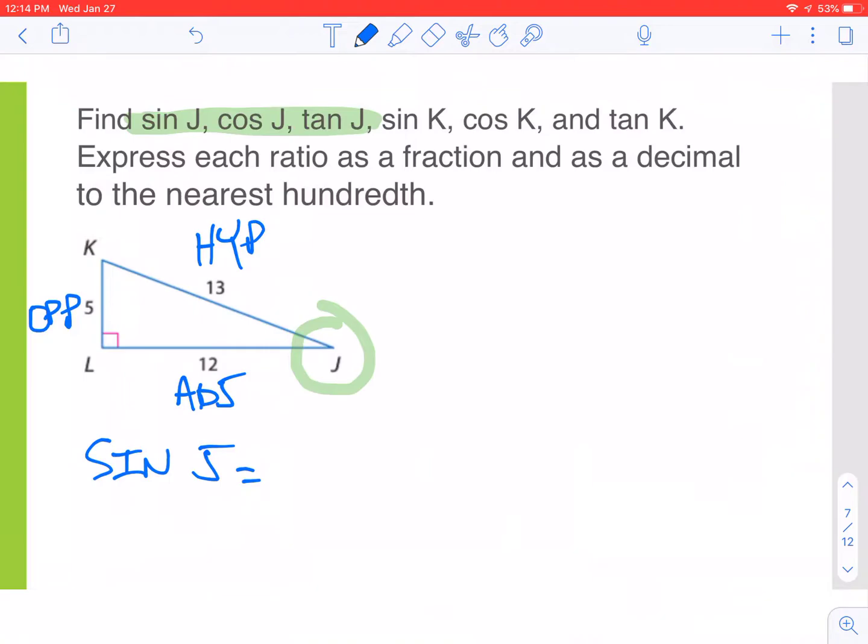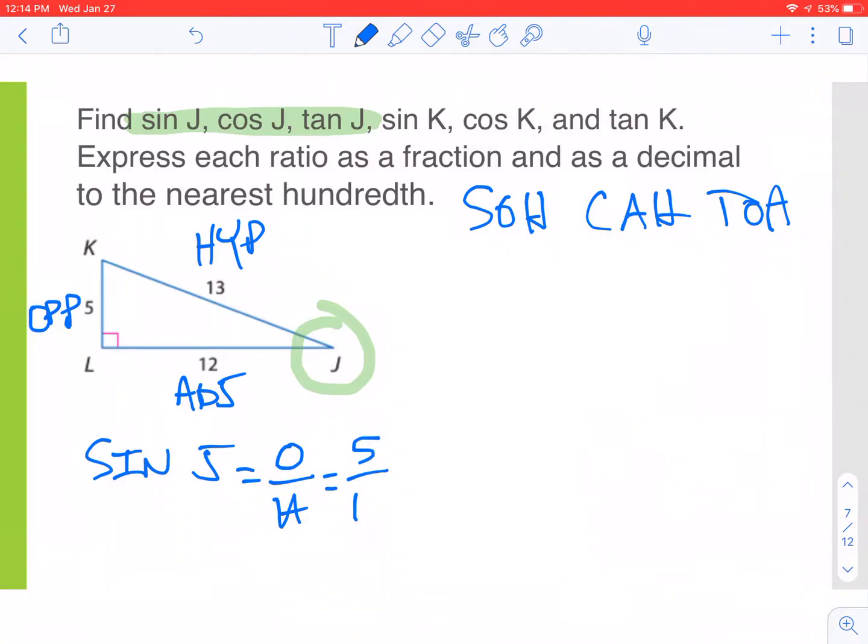So I always write this out so I remember it, SOHCAHTOA. Sine is opposite over hypotenuse, which the opposite is 5, and 13. So sine of J is 5 over 13.